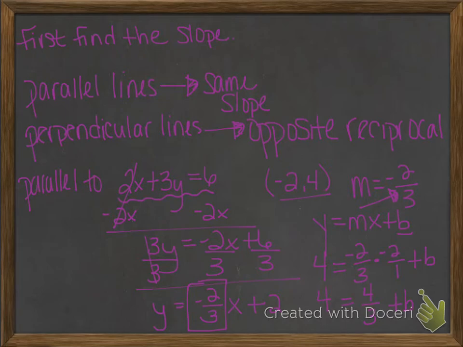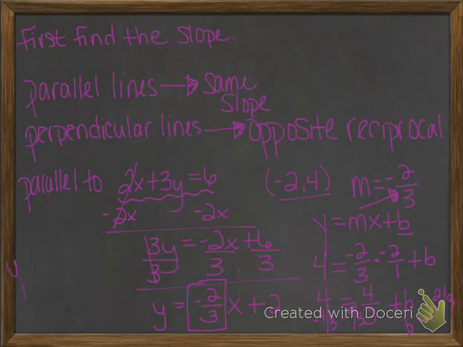Okay. Now I need to subtract 4/3 to find b. So subtract 4/3 on both sides. And then what that gives me is that b equals 2 2/3. Okay, that's my y-intercept. So now I have my slope and I have my y-intercept. I am ready to write my final equation that is parallel to the 2x plus 3y equals 6.